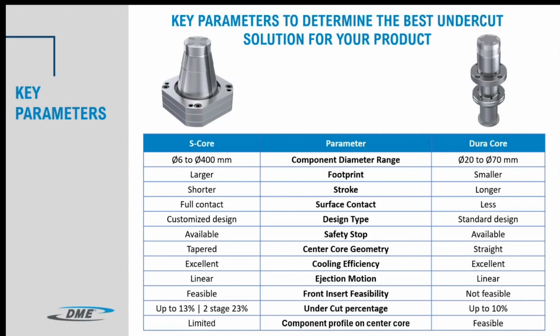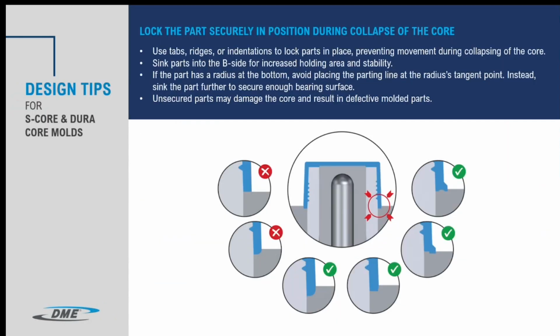Next slide, please. And just some keys to actual mold cavity design when using a collapsible core. We've got some little drawings there that show that we want to be sure that the part is held concentric in the cavity with the collapsible core.